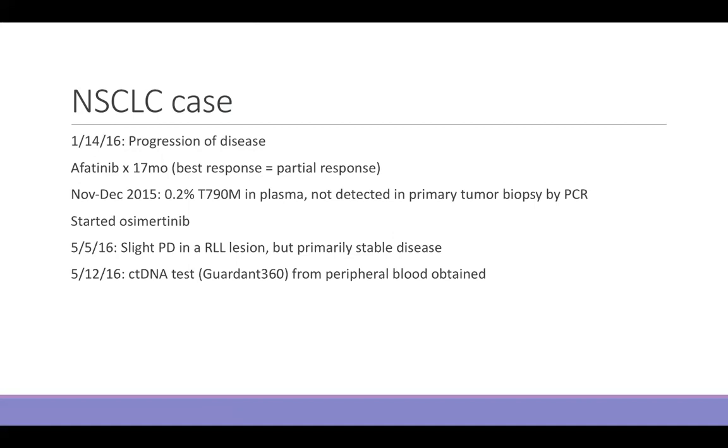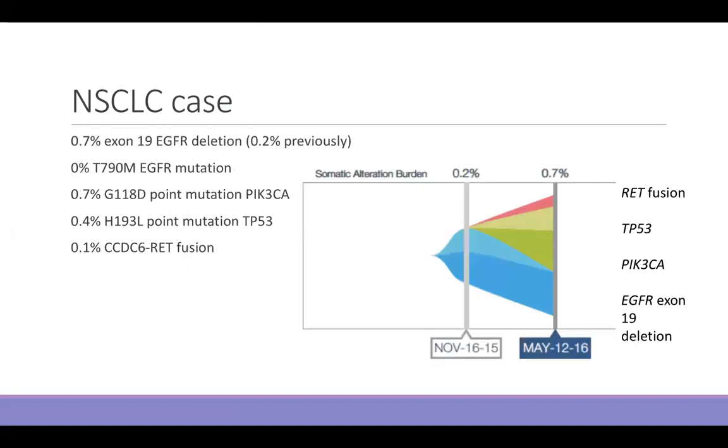And later, the patient was switched to osimertinib after detecting T790M from plasma. There was slight progression, so Guardant was repeated, and this is what you see. Very interestingly, RET fusion is detected as an acquired mutation and is part of the known resistance mechanism of osimertinib, along with a PIK3CA mutation.